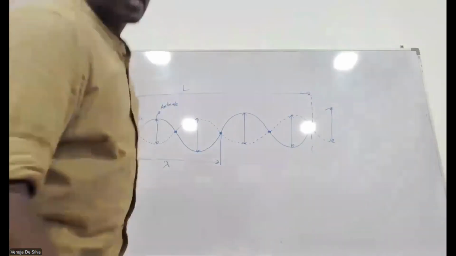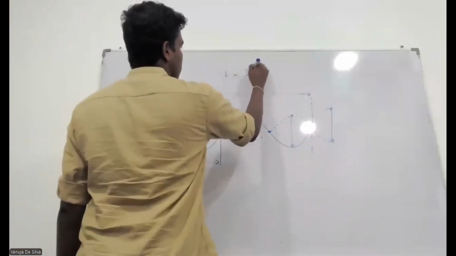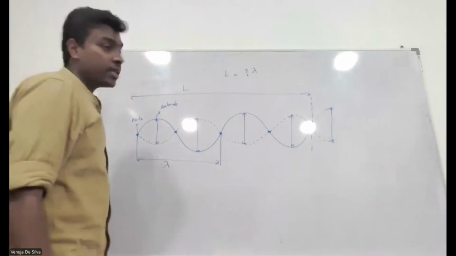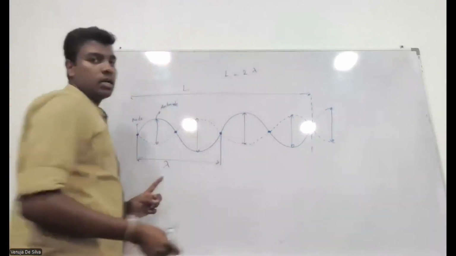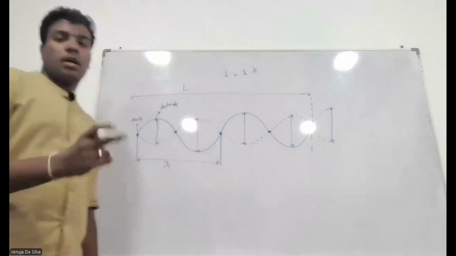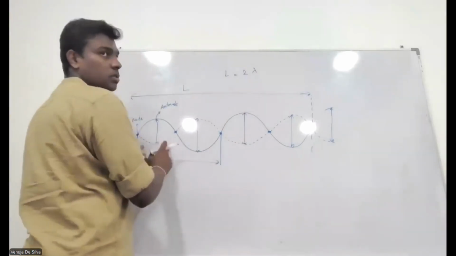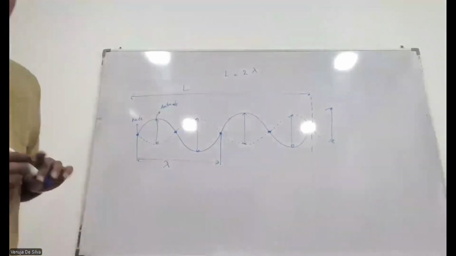So basically, L equals how much lambda? You should be able to understand that L equals 2 lambda. Why? 2 loops means 1 lambda, 4 loops mean 2 lambda. Then what is 1 loop? Lambda by 2, right? You have to understand that.